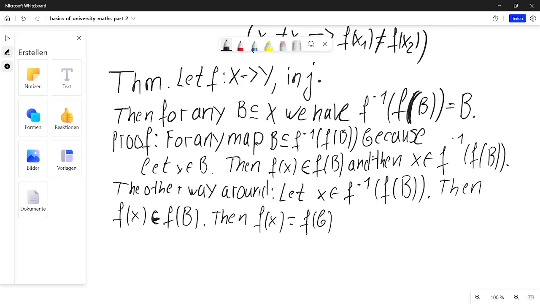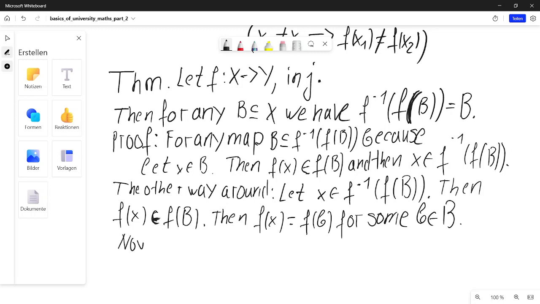Just by definition of this set, any mathematical object in it is. So in particular, this object. By definition of this set, it is f of b for some b in b, right? For some b, element of b.